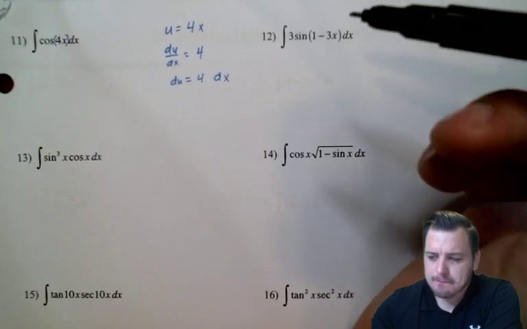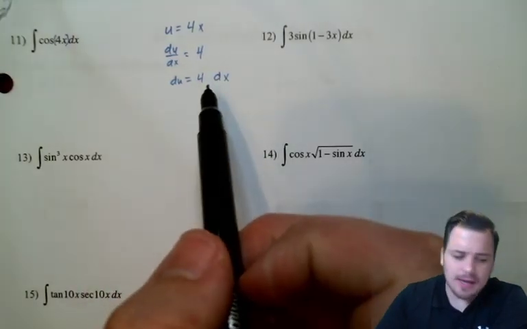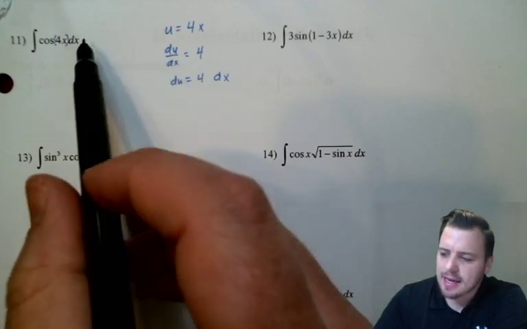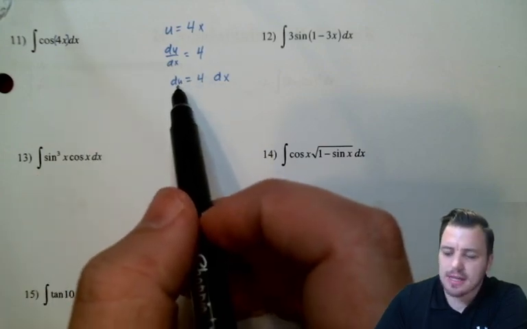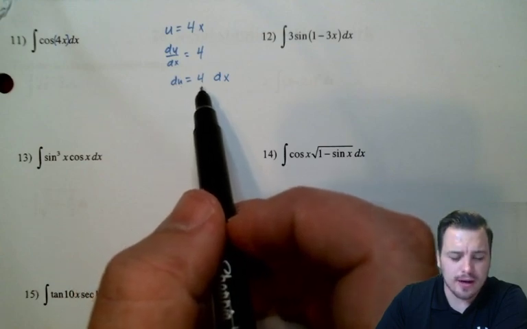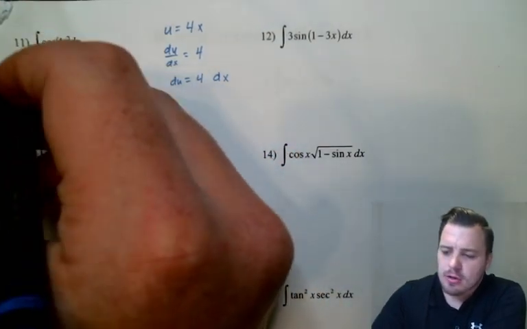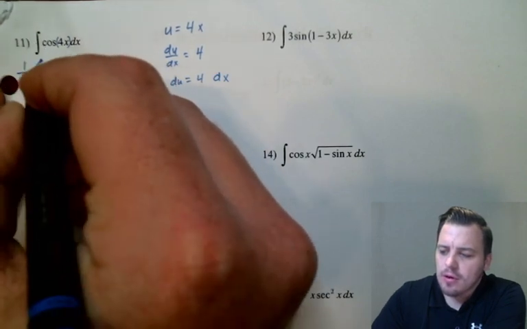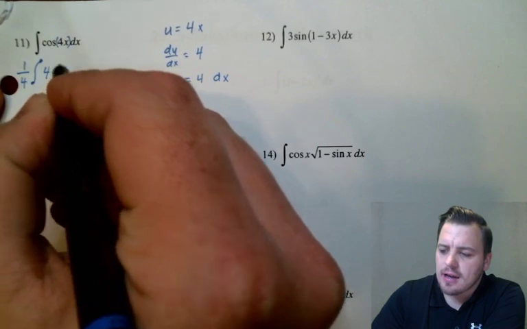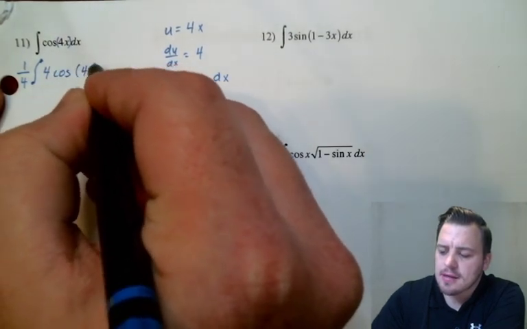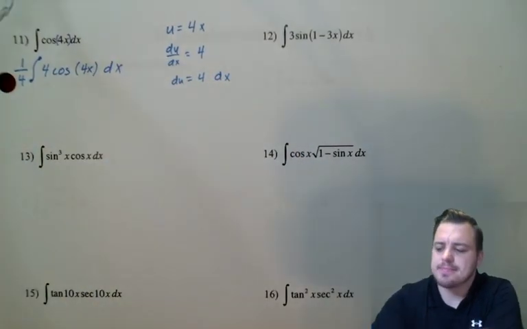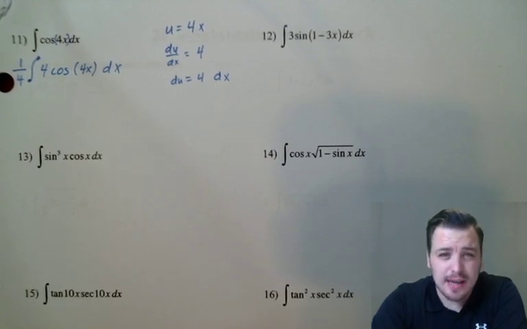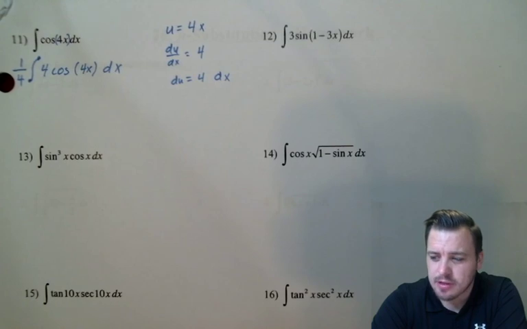All right. So in order to make dx go to du, we need a 4 as well, guys. So what we need to do is multiply the left side by 1/4, and the integral of 4 cosine of 4x dx. So cosine will stay, even when we substitute the u.